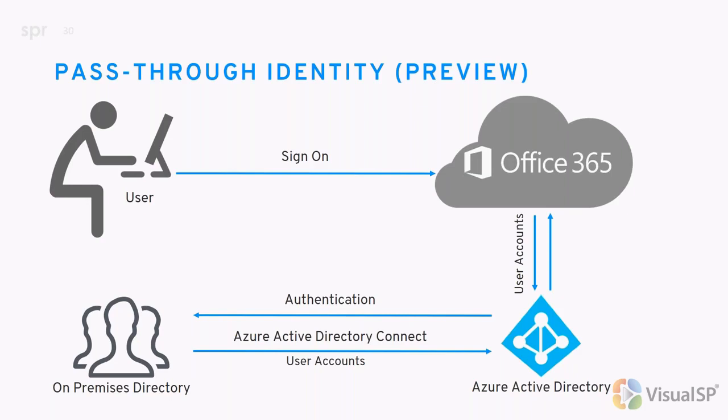It passes on the authentication to the on-premises directory. This is really nice because obviously there's no ADFS and significant infrastructure. It's really lightweight. You just install this agent on premises to do the authentication. It's secure, it's reliable, it's easy, and there's a number of other different benefits that go along with it.